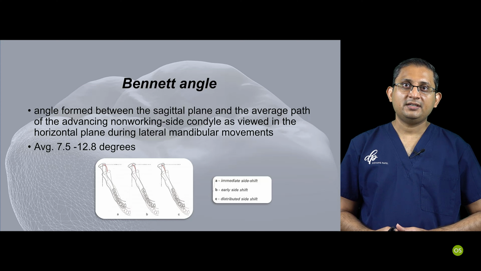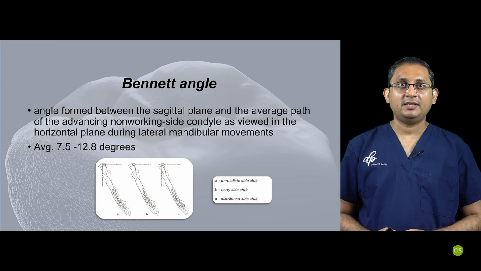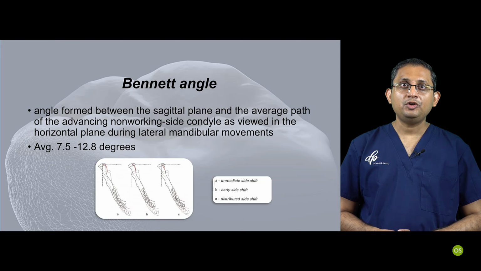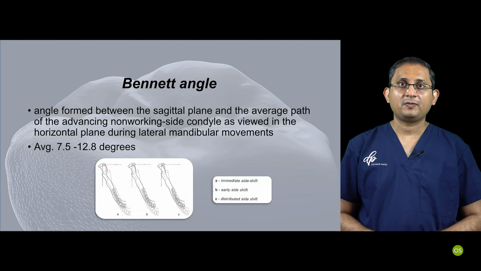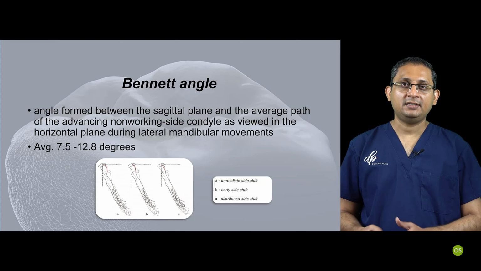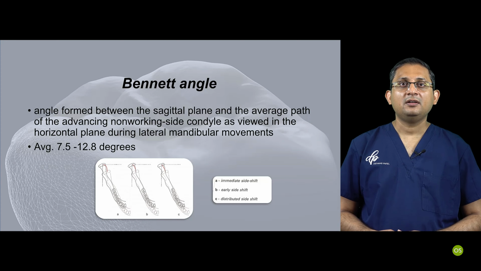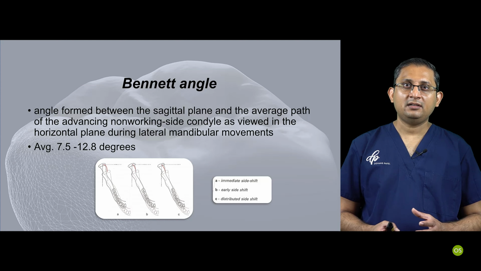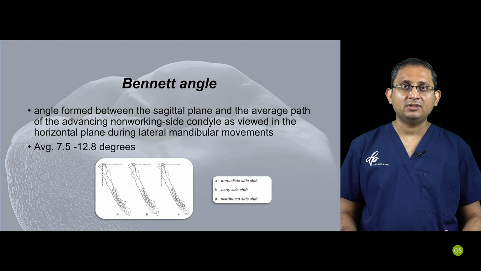And these are the three terms which confuse many of the dentists. In my opinion, yes, you need to be aware of immediate side shift, which is very rare, but when it happens, it can have a detrimental effect on the teeth. However, with regards to the Bennett angle and progressive side shift, everyone has one. So as long as you work with the averages, you are fine there.